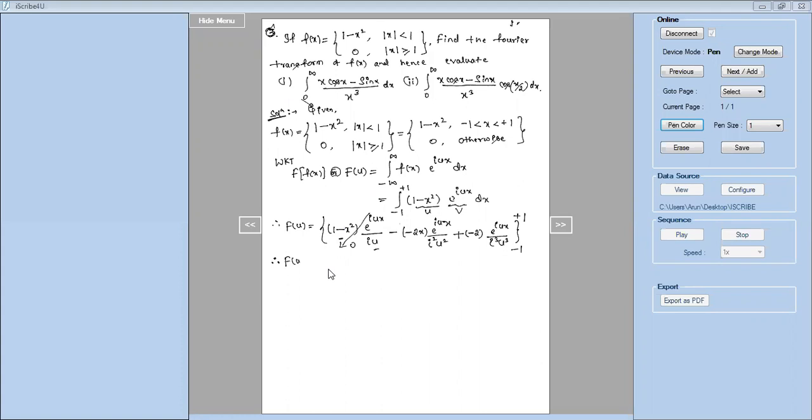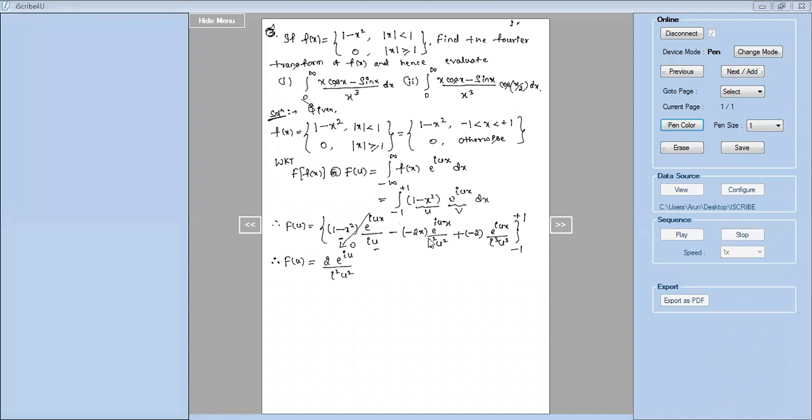So therefore f of u equals, first let us put x is equal to 1 in this result. See, minus into this minus, it is plus 2, x is 1 here, so e power x is 1 becomes e power iu, e power i into u divided by denominator i square u square.